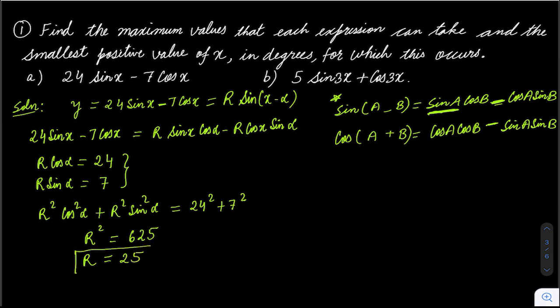Okay. So now I have the r value. So how do I find alpha? So what I do is we divide them. So let's divide them. So I will get tan alpha equals sine by cos. So that is 7 over 24. So my alpha value is coming out to be tan inverse of 7 over 24, which is giving me 16.3 degrees approximately.